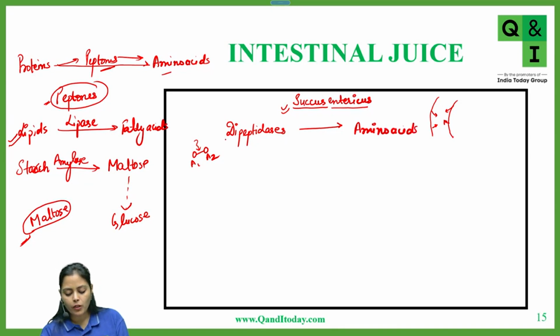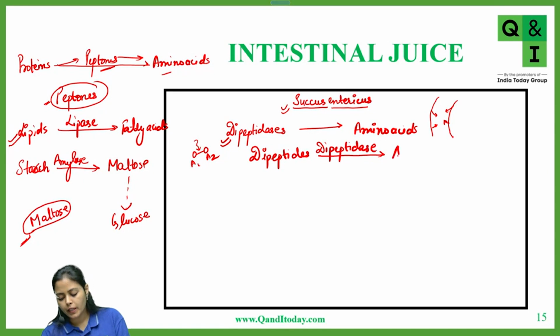So finally, because of dipeptidases, amino acids are generated. If you have to write this equation, you write dipeptides, and using the enzyme dipeptidases, they are converted into amino acids.